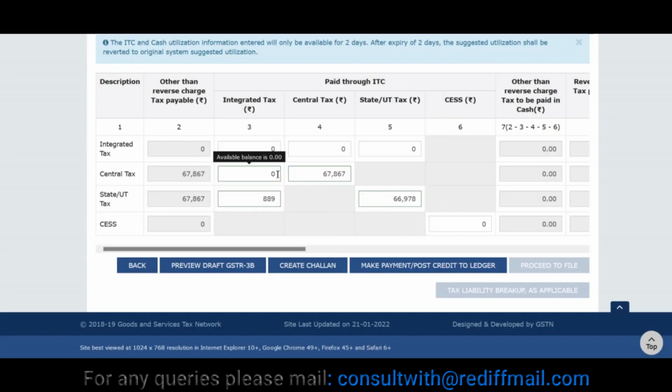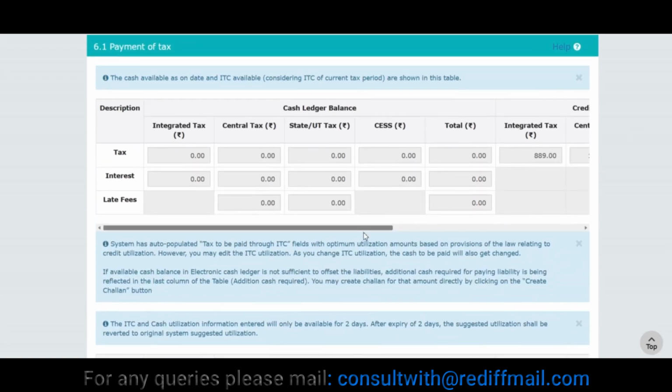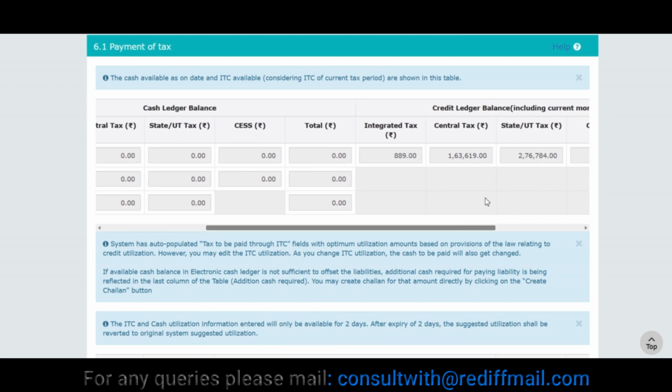What is beneficial for me is here, 889, as I have state tax ITC. That is, ITC of SGST is huge in comparison with CGST. So my emphasis will always be to utilize this, and ITC should be adjusted.